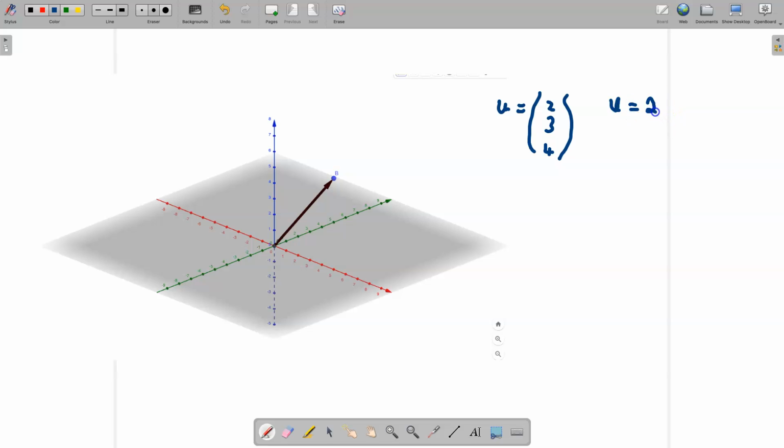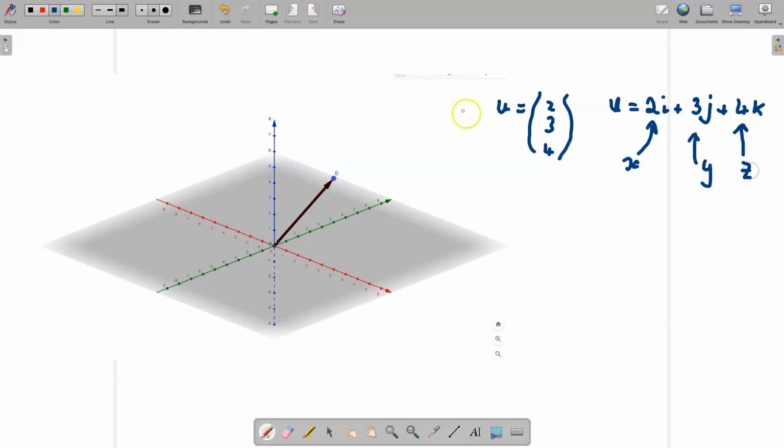So you can write it as 2i, 3j, and 4k. So you can see here that this is your x part, the j is your y, and the k is your z part.